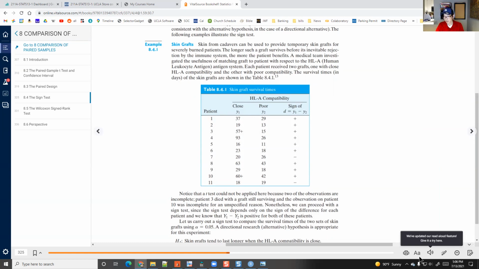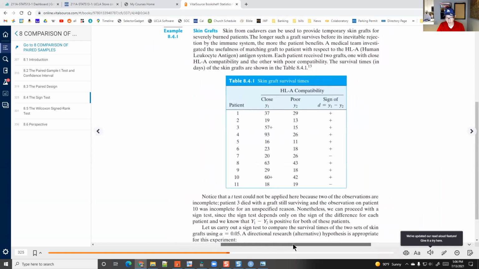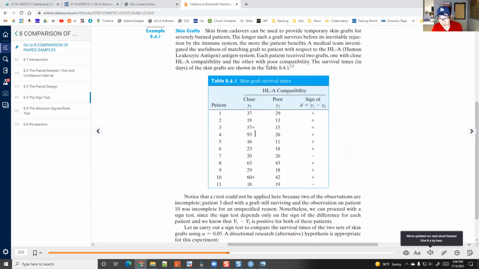If you think about the logistics of conducting such an experiment, I'm sure this was not an easy experiment to pull off. But we had 11 patients, and both of these had different things.